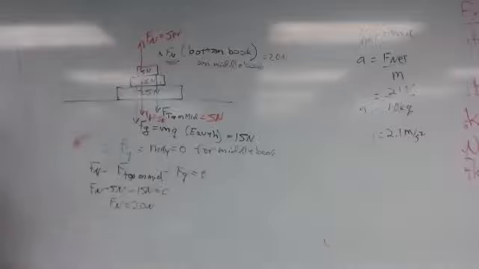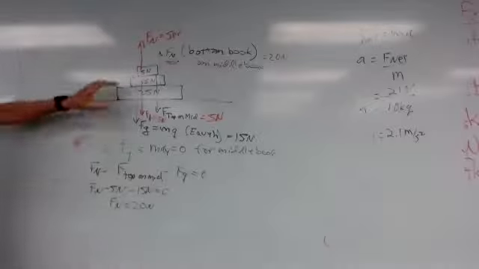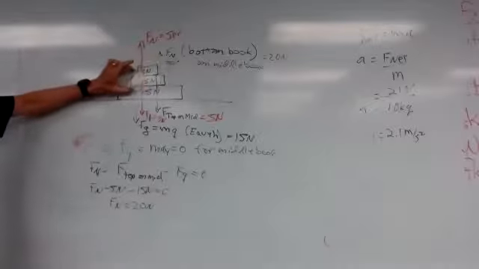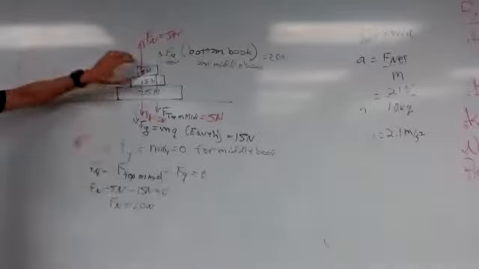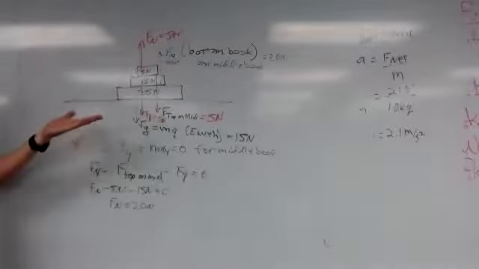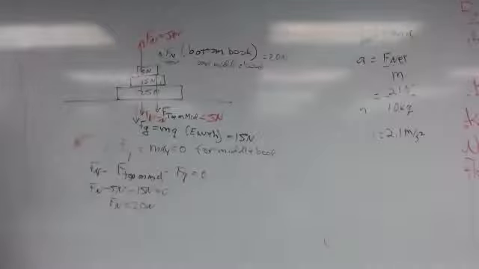And if you just thought about that, you'd say, yeah, it's 20 because it's having to support 20 newtons of weight. I set 20 newtons of books on top of it. And so the force that's experienced from these two guys is 20 newtons. What else? Are there more of those?